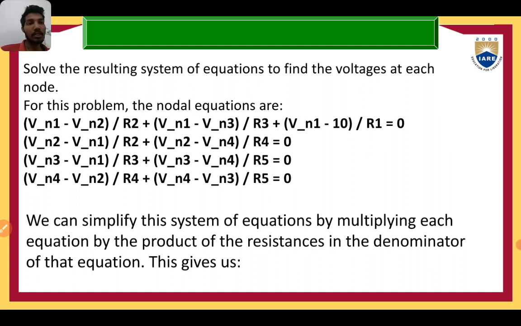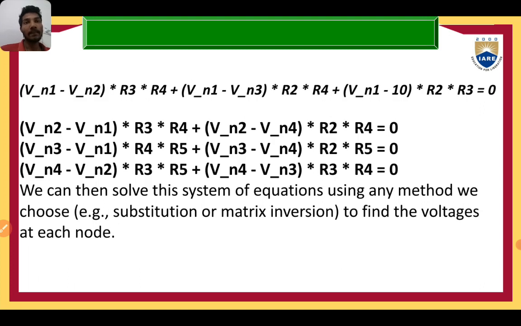We can simplify this system of equations by multiplying each equation by the product of the resistances in the denominators. This gives us: (Vn1 minus Vn2) into R3R4 plus (Vn1 minus Vn3) into R2R4 plus (Vn1 minus 10) into R2R3 equal to 0, and (Vn2 minus Vn1) into R3R4 plus (Vn2 minus Vn4) into R2R4 equal to 0.